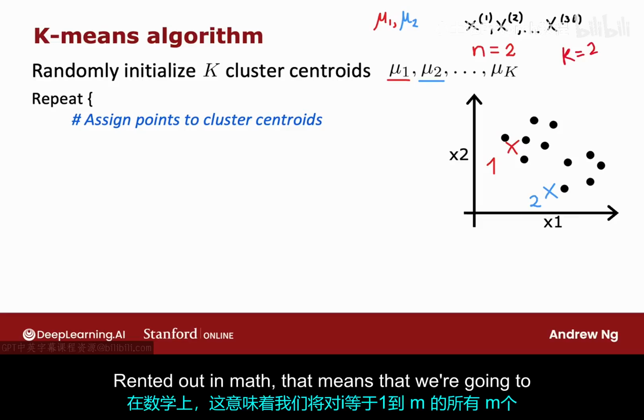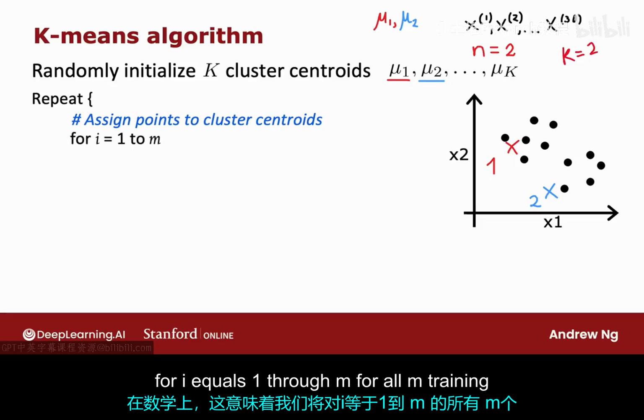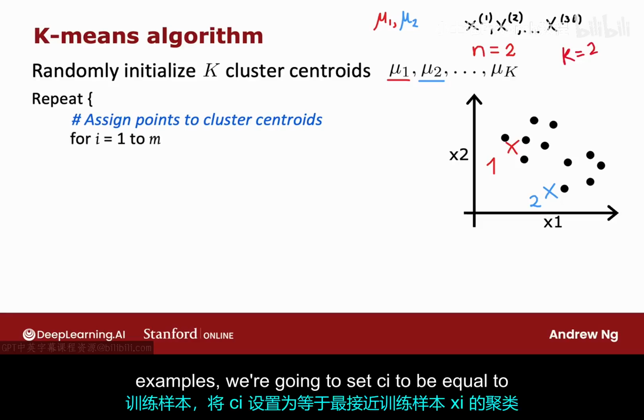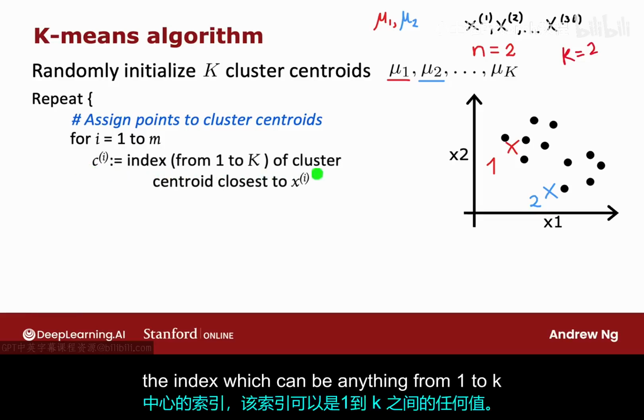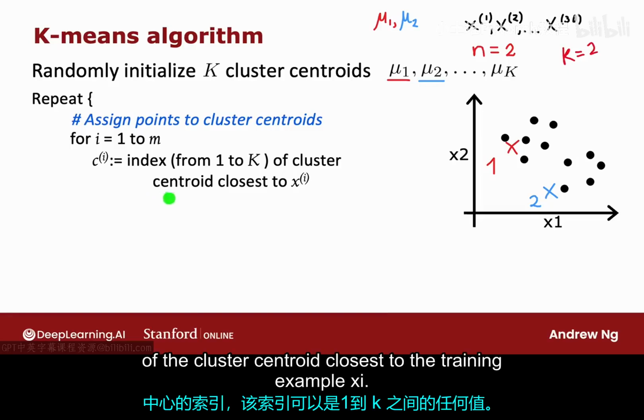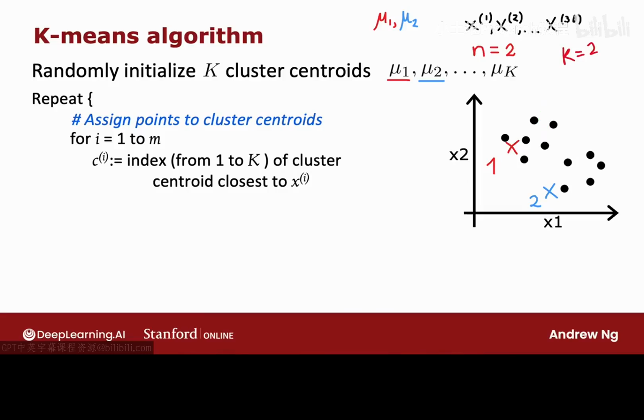Writing it out in math, that means that for i equals 1 through m, for all m training examples, we're going to set ci to be equal to the index, which can be anything from 1 to k, of the cluster centroid closest to the training example xi.